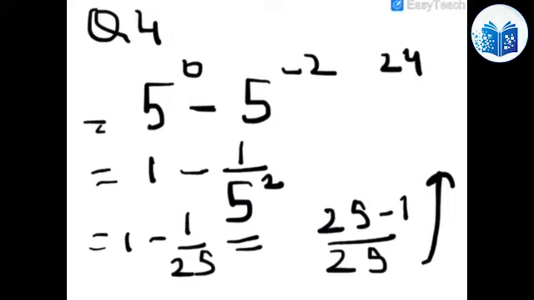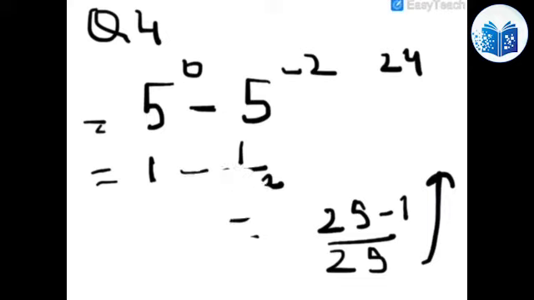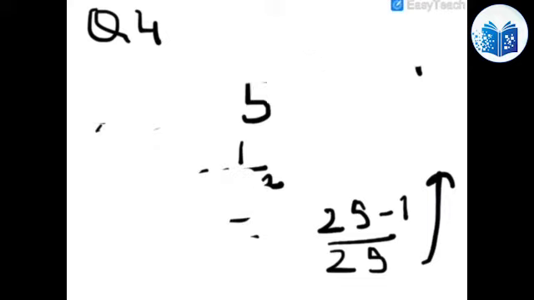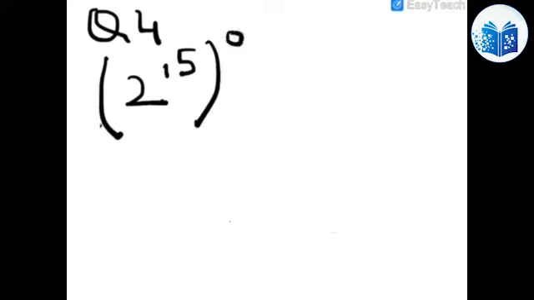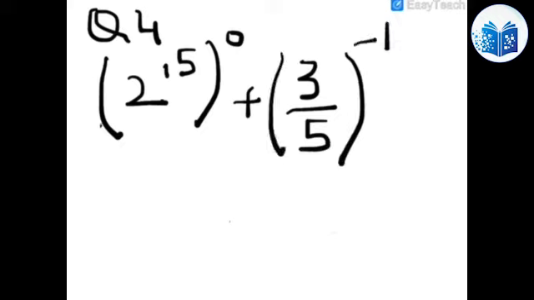Now question number 4C says 2 power 15 whole power 0 plus 3 over 5 whole inverse. Minus 1 is normally the inverse.